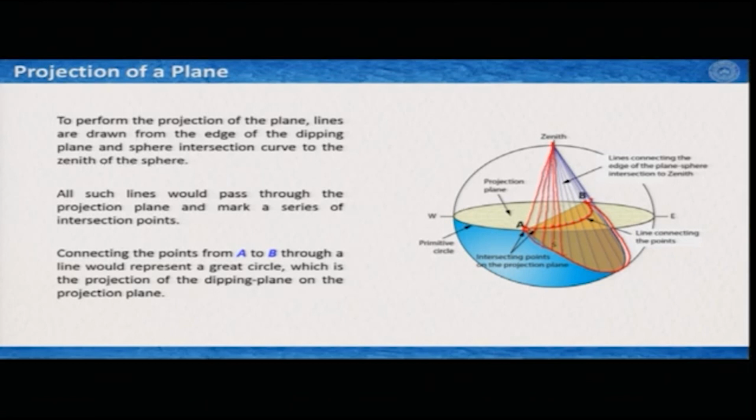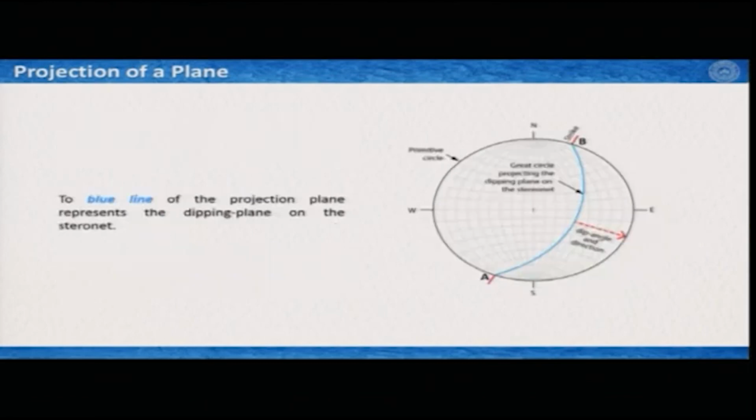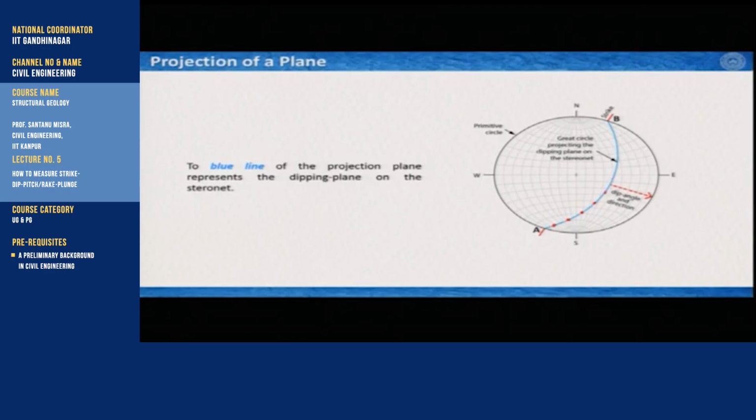So if we now see the projection plane only, it appears something like this. A and B are the two points, and on this blue line there are different points that we have drawn, which are the intersections between this plane at the lower hemisphere, connected to the zenith of this sphere.